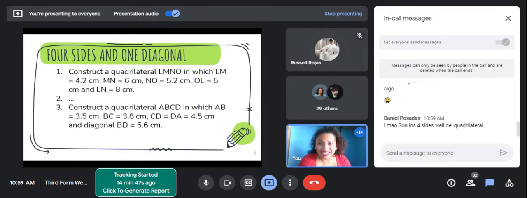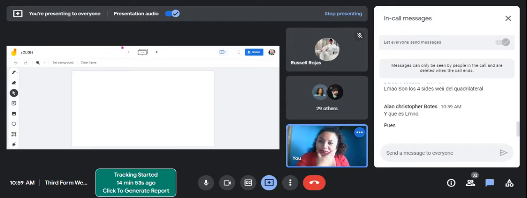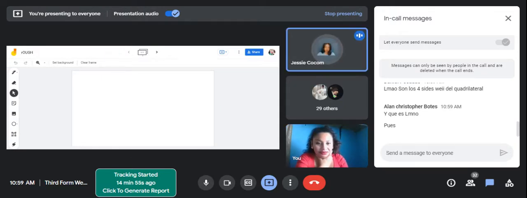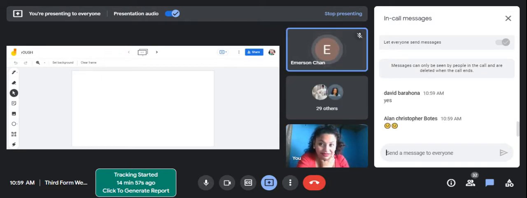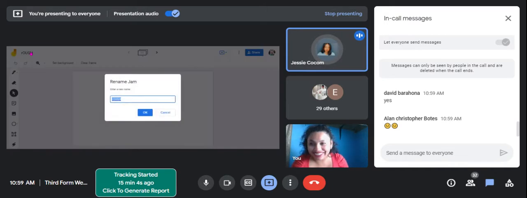Okay, let me share this blank screen. Can you see my Jamboard? Okay, this is what it tells me: a straight line segment that joins two corners of a polygon but is not an edge.